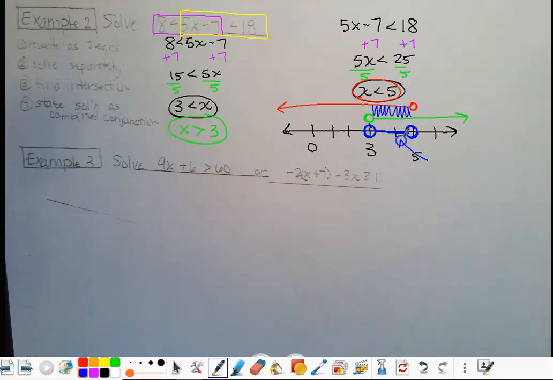So this is my solution, which is 3 is less than x, but less than 5. That's my solution to this compound inequality. It has to be in between these two. All right, very nice.